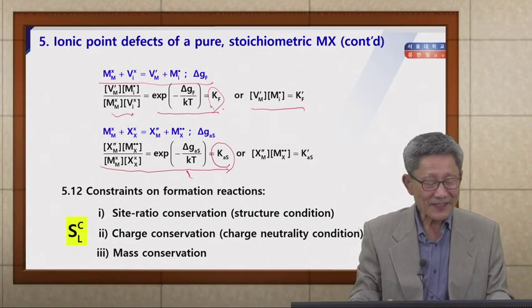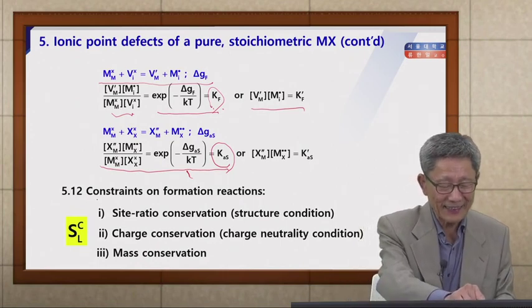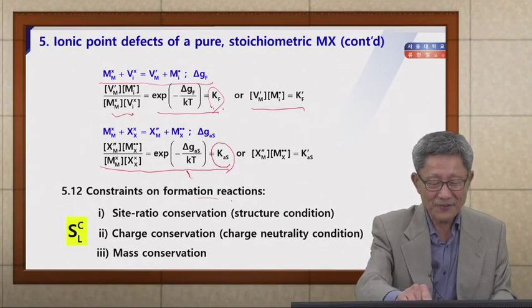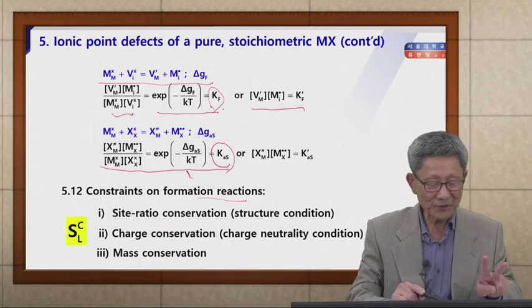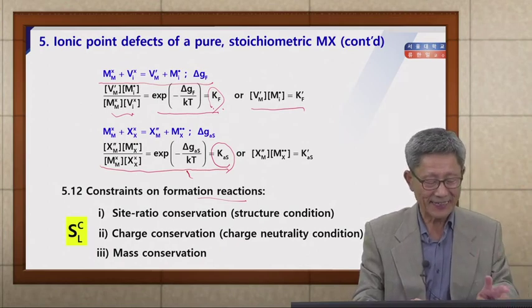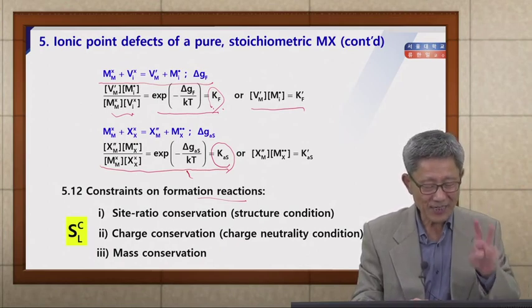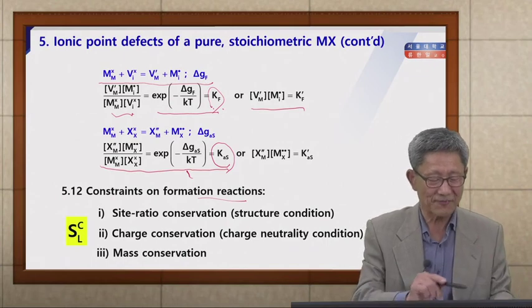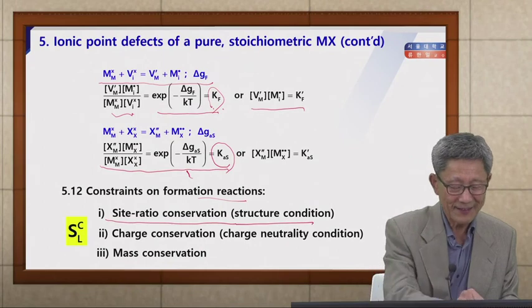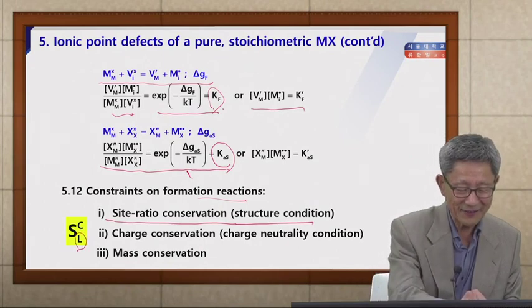Okay, so finally, let me emphasize again. In writing down the defect formation reaction, you should not forget the three constraints, which each have to be satisfied, namely site ratio conservation or structure condition, this one, site ratio.